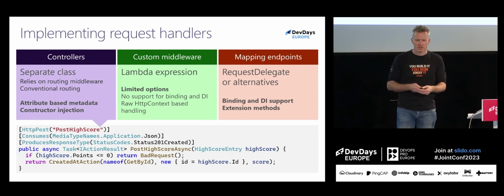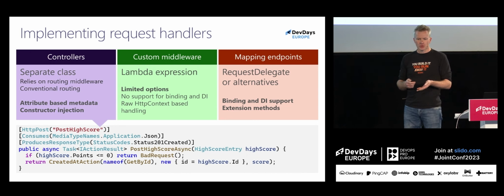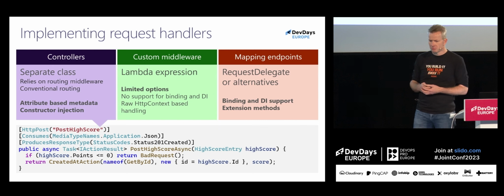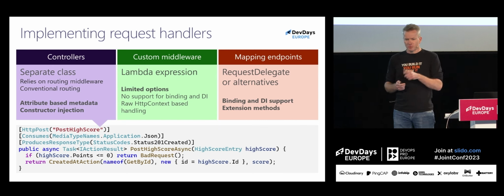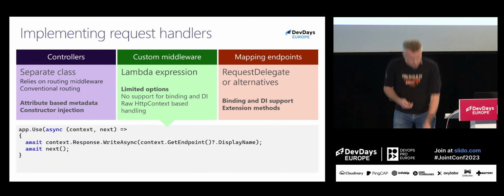All right. So looking at some of the options that we can do, we have the controllers that we saw. So there's a lot of metadata in there. We have constructor injection. So we saw this part.